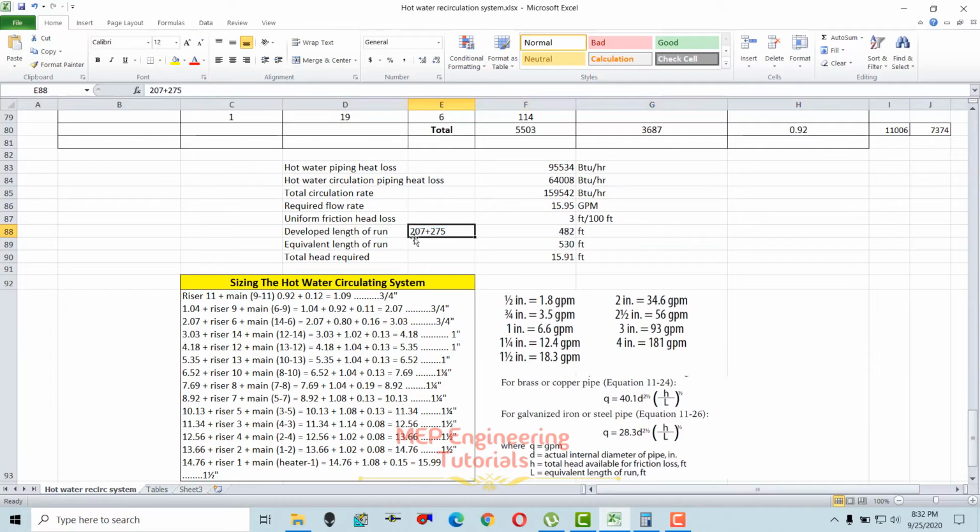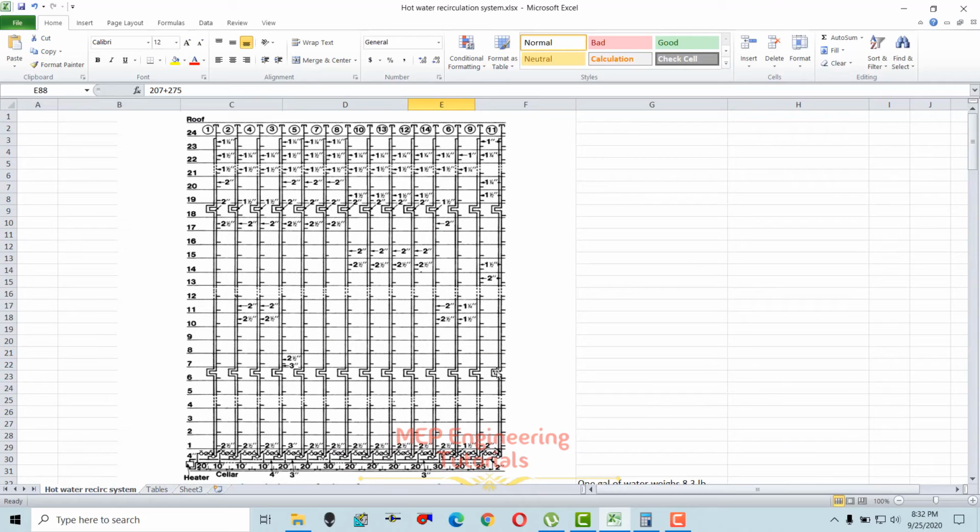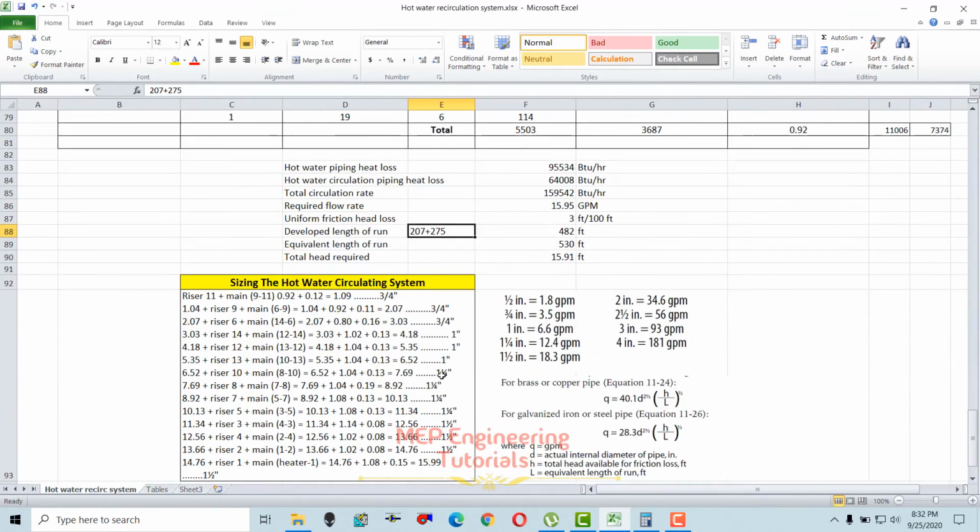You can get these lengths from the AutoCAD plan and write them accordingly. 207 is due to the riser recirculation, and 275 is the horizontal main piping length from the main to the heater. So the total developed length is 482 feet.